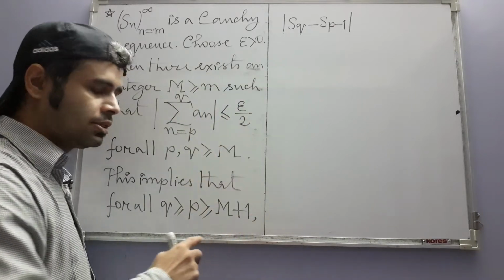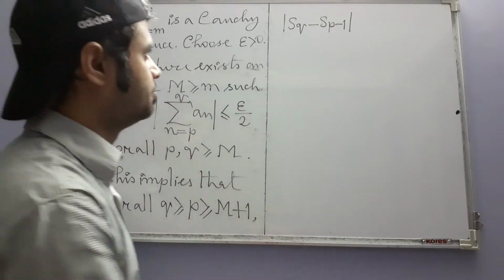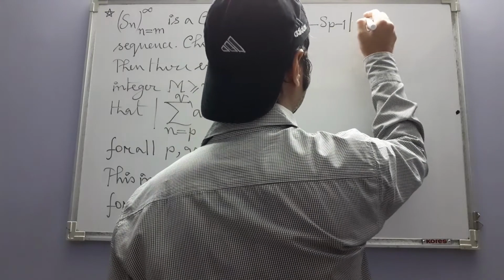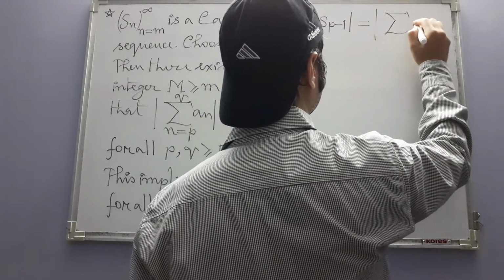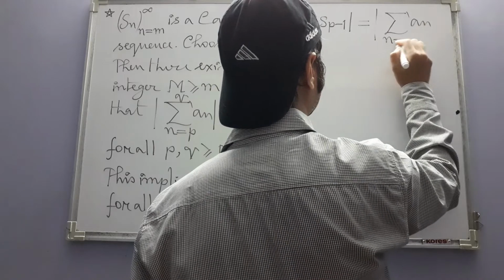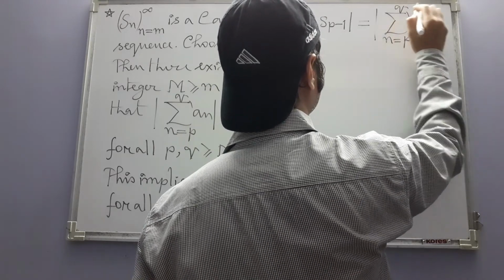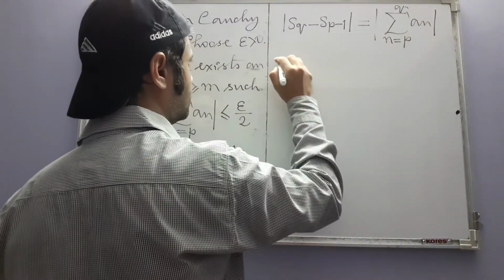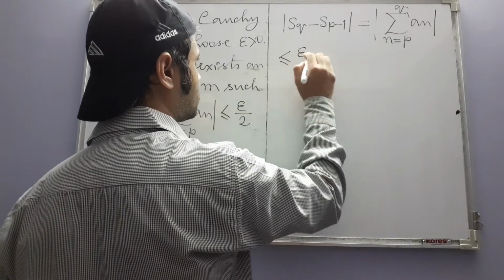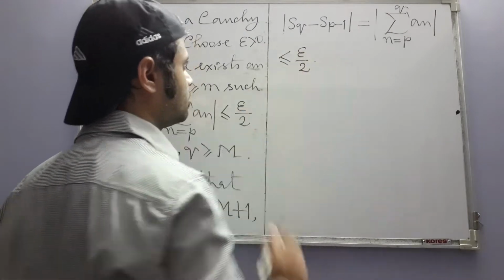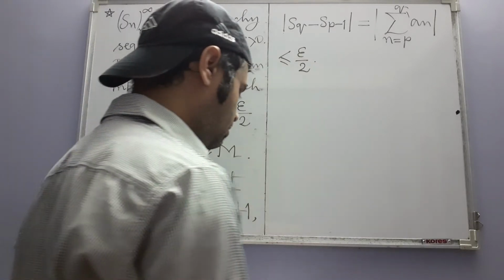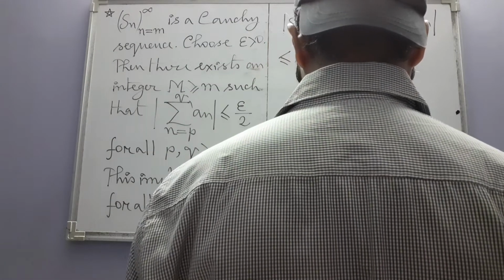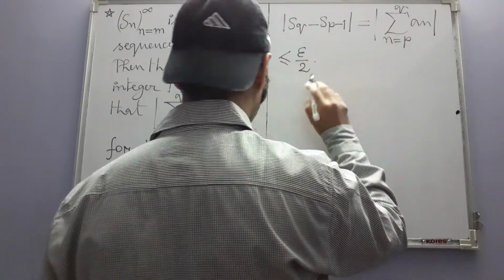So P minus 1 is greater than or equal to small m, and this thing equals that is less than or equal to epsilon divided by 2.